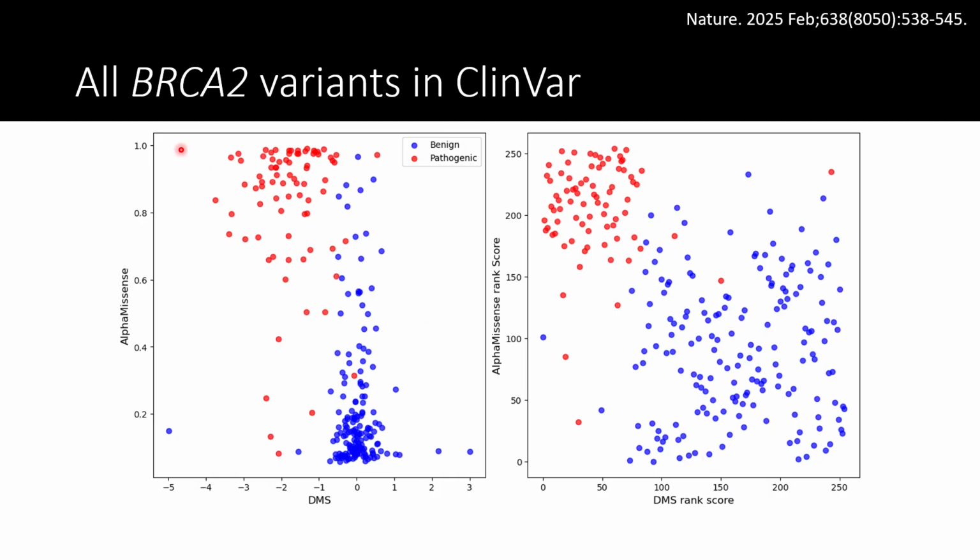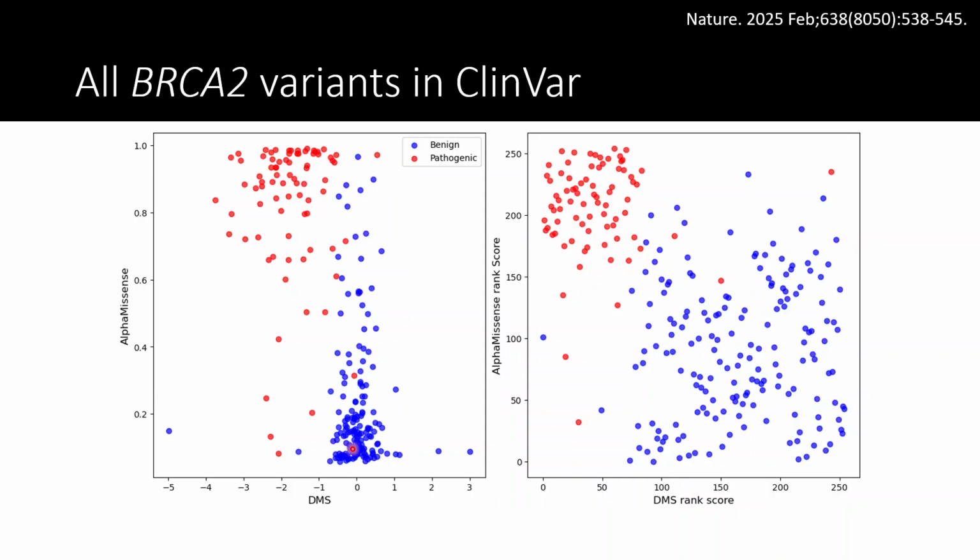To show this, we use all the BRCA2 variants in the ClinVar database. Here, each dot is a variant, and the red ones are pathogenic, the blue ones are benign. The x-axis is a score given by the deep mutational scan done by Dr. Sahu, which was published in Nature last year, and the y-axis is each variant's AlphaMissense score.